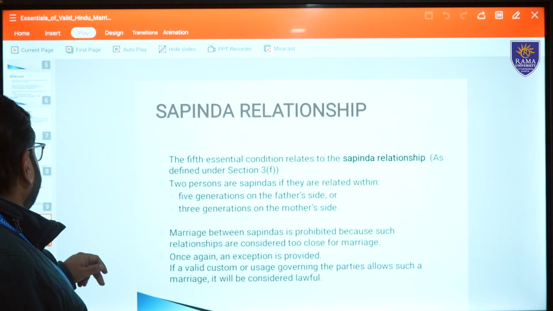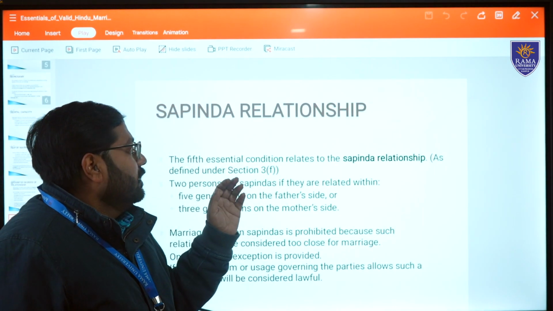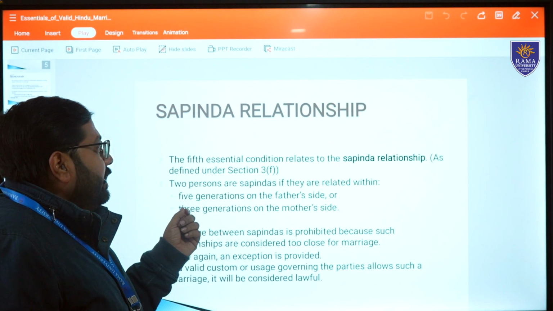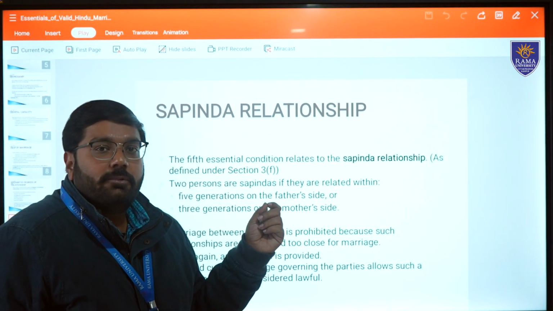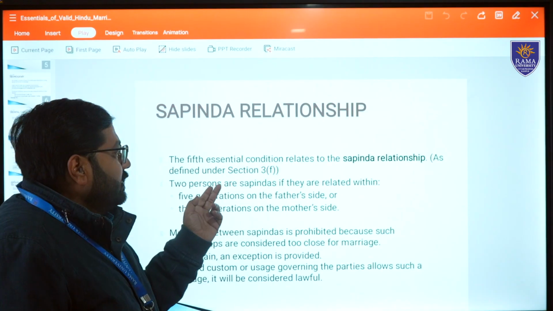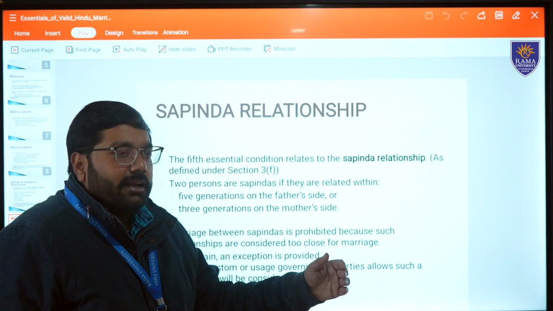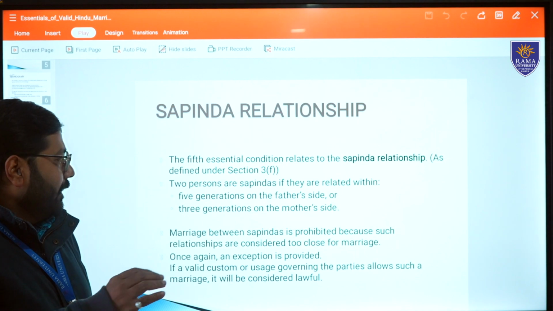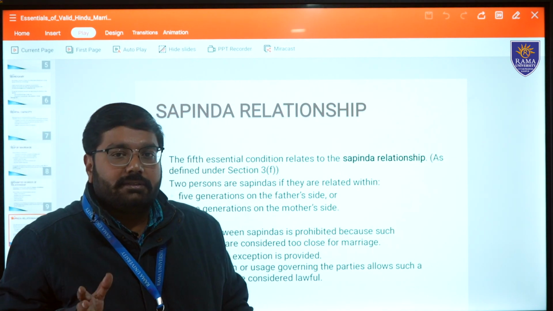Now the fifth point is Sapinda relationship. The fifth essential condition relates to the Sapinda relationship, and it is defined under Section 3, Subclause F of the Act. It says that two persons are Sapinda if they are related within 5 generations on the father's side and 3 generations on the mother's side.